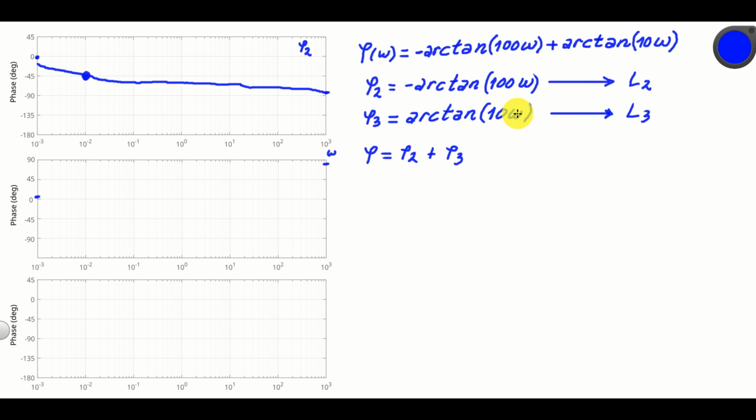Let's see what happens at the break frequency. When omega is 1 over 10, we will have arctan of 1, and that's exactly 45 degrees. That is, at this point over here, we will have 45 degrees. And let's change the color such that we can sketch this function. So the function should somehow look like this.